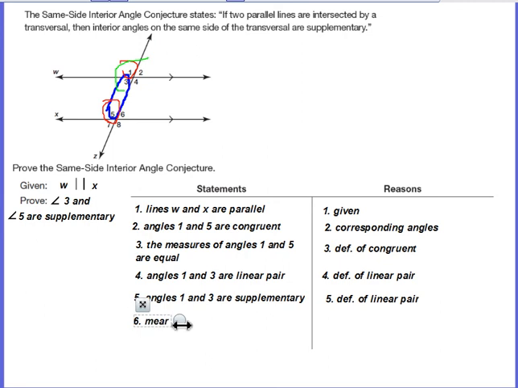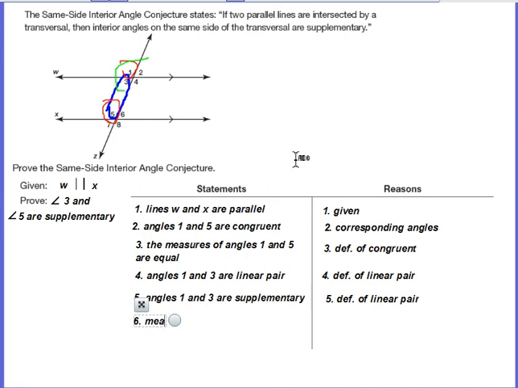So I'm going to have to write this out, even though honestly I wish I could just write it out. So I just put here measure of angle 1. I'll write it out in words. I'm hoping you guys can remember what this means.